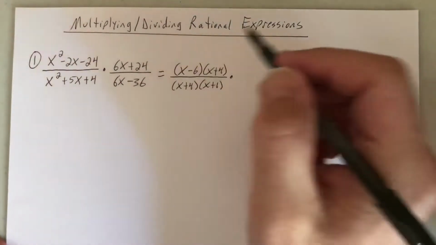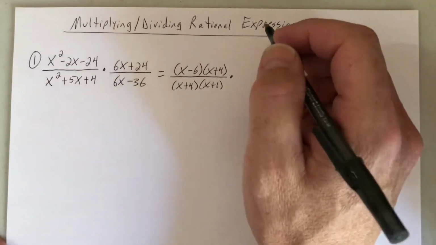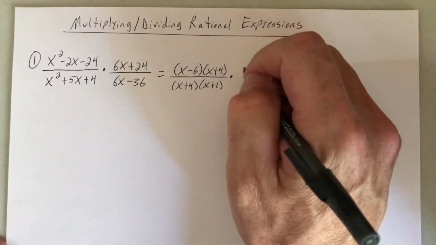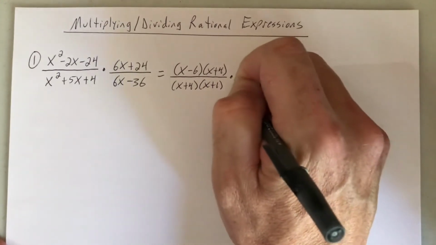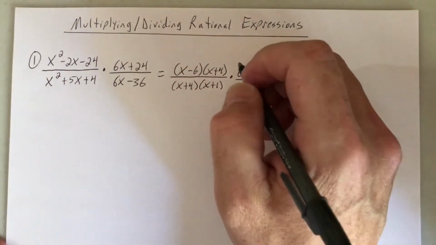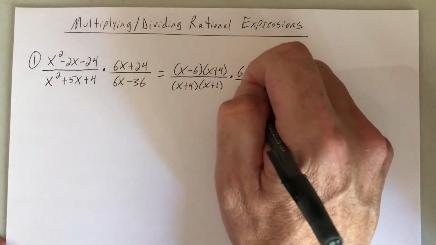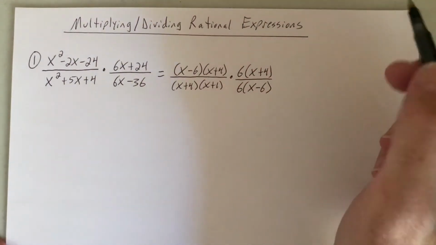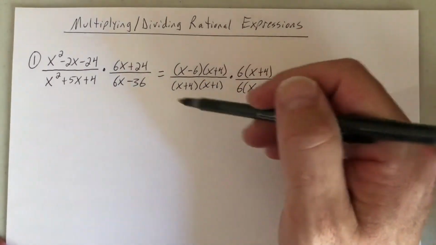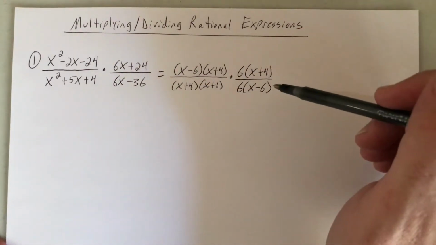Then here with the 6x plus 24, we just have a common factor of 6, so we take that out, and that leaves us with x plus 4. And in the bottom, we just have a common factor of 6 again, so we take that out, and that leaves us with x minus 6. So now we have everything factored in all the numerators and denominators.